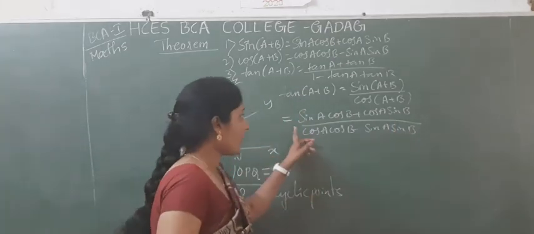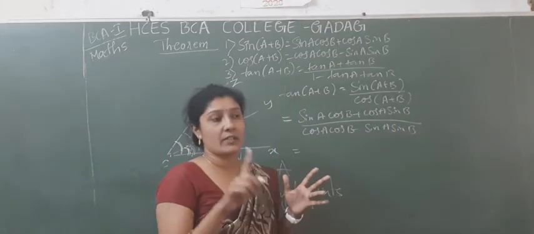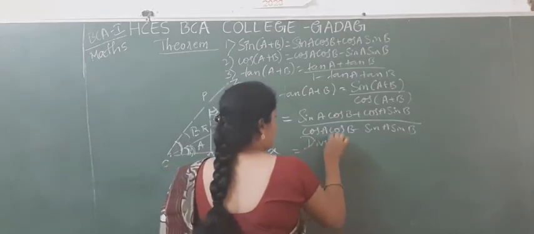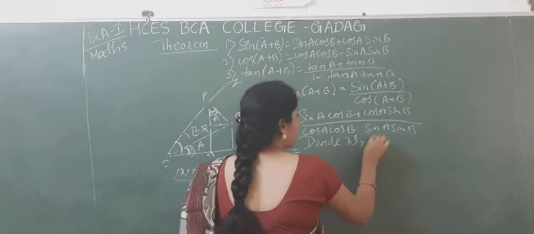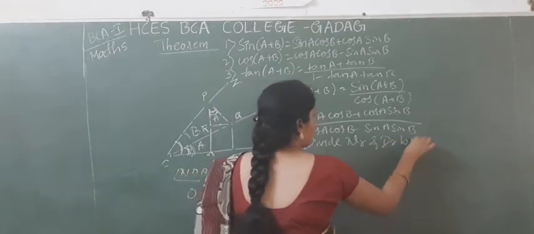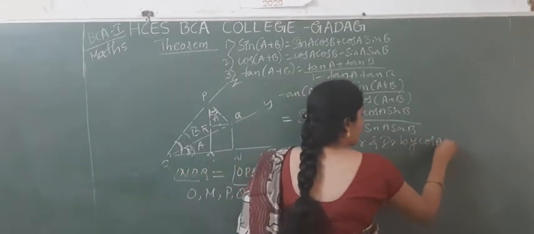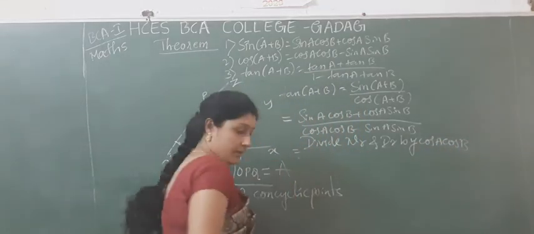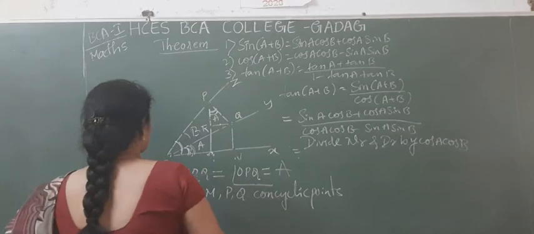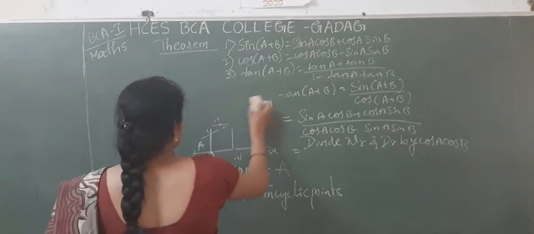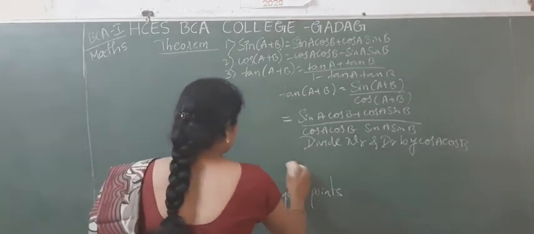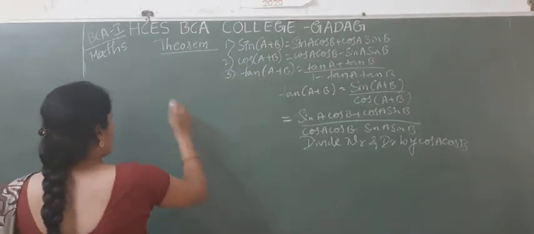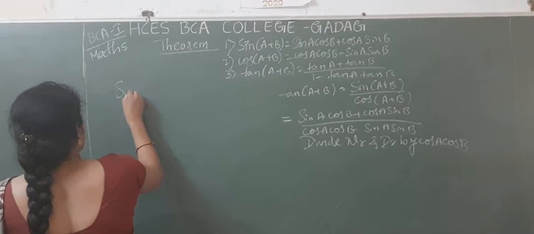Now divide numerator and denominator by cos A cos B. Then what are we getting here? Now let me write this.